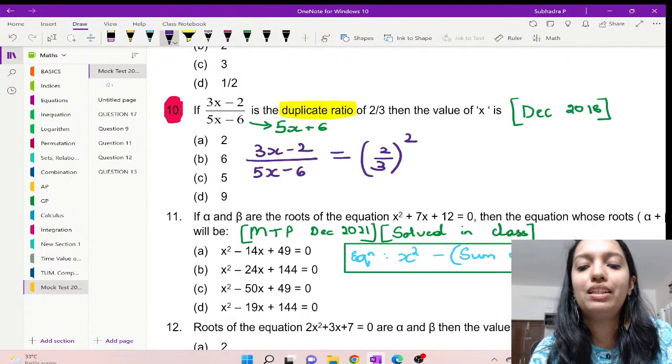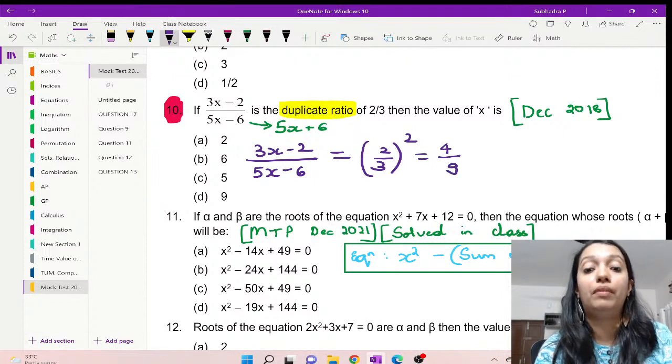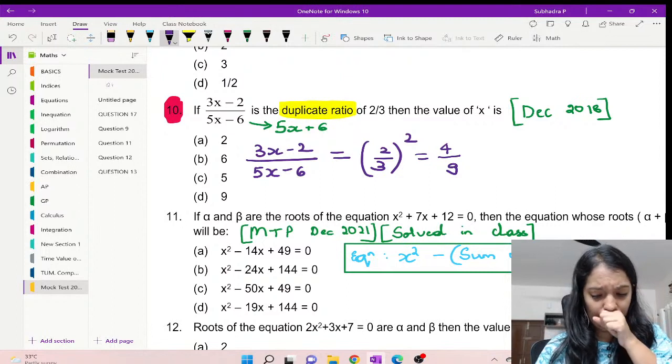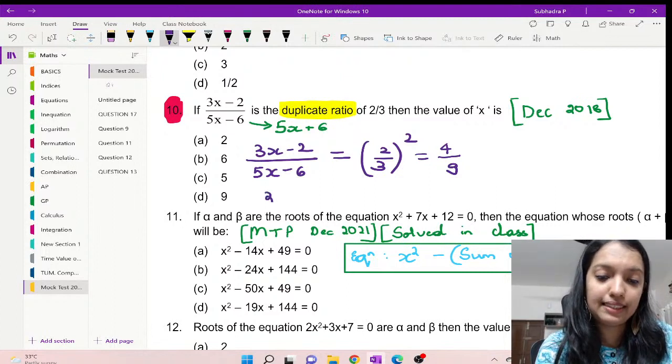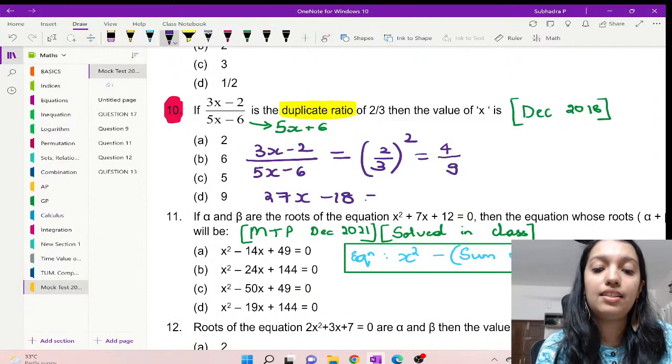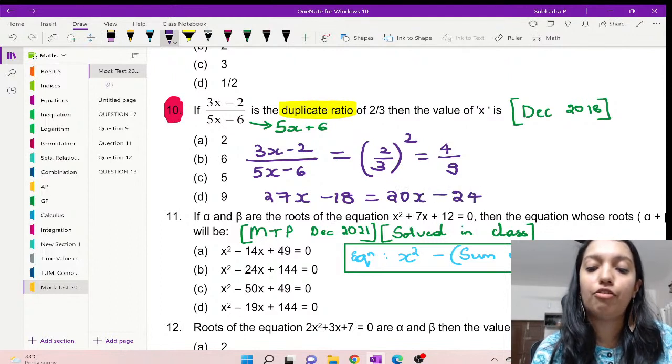What is 2 square divided by 3 square? 2 square is 4, 3 square is 9. Cross multiply them. Now 9 3s are 27x. 9 2s are 18 is equal to 5 4s are 20x minus 6 4s are 24.